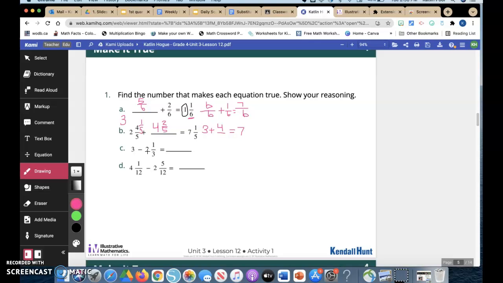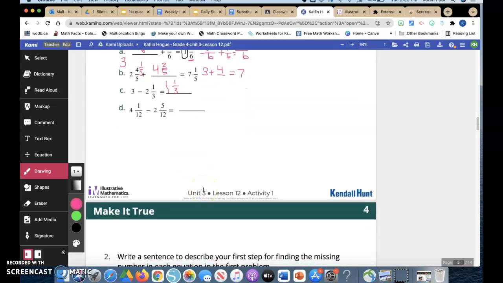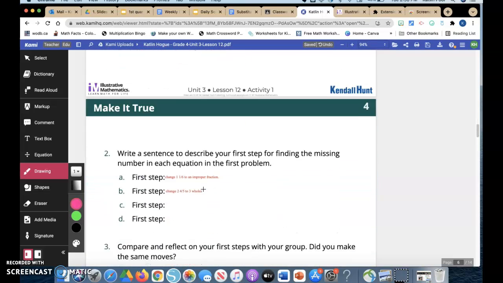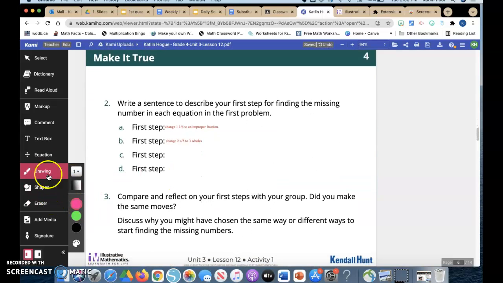When I count to 3, I want you to whisper the answer to 3 minus 2. 1, 2, 3. 3 minus 2 is 1. Good job, friends. And we have 1/3 left over. So what was our first step? Well, our first step was to subtract the whole numbers.